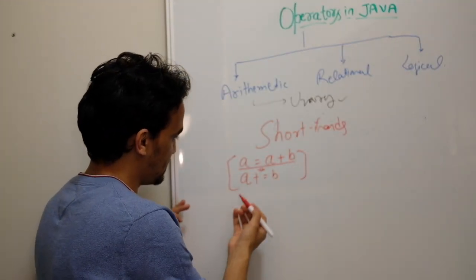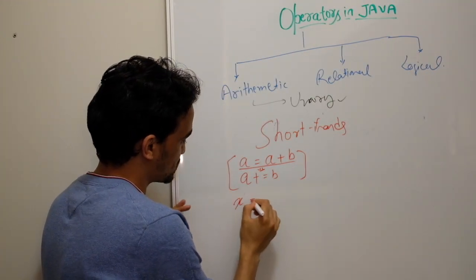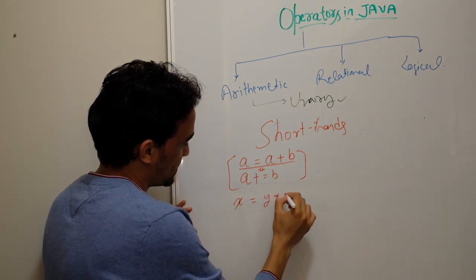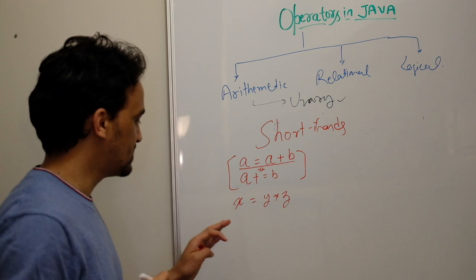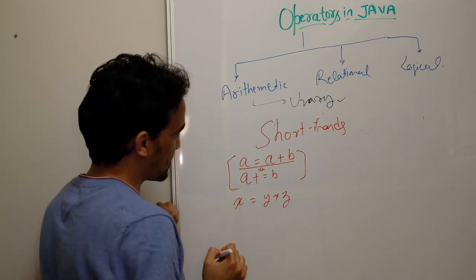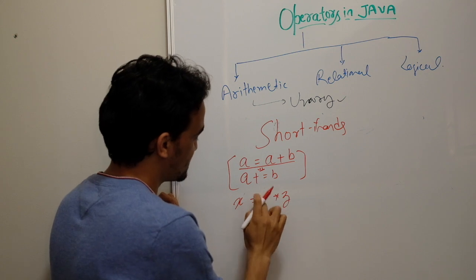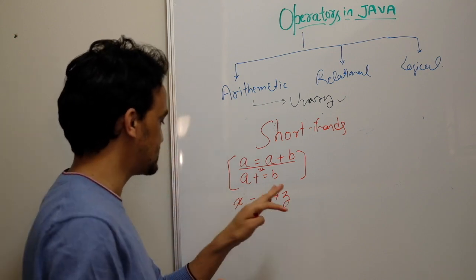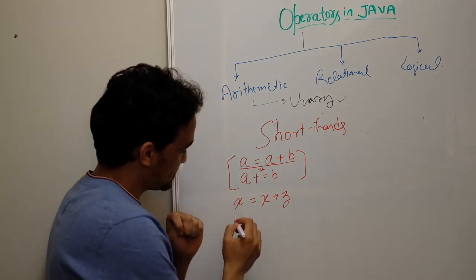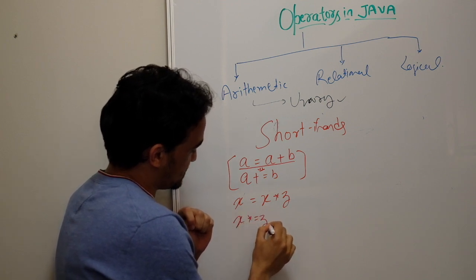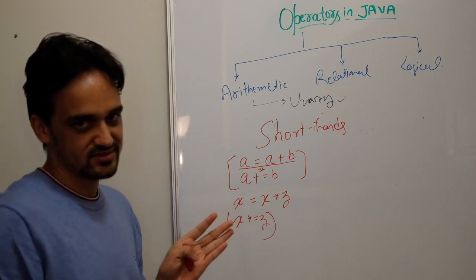Now let's take another one: x equals y multiply z. Maybe I didn't take a good example. x equals x into z is nothing but x multiply equals z.